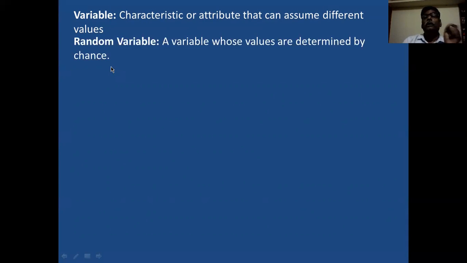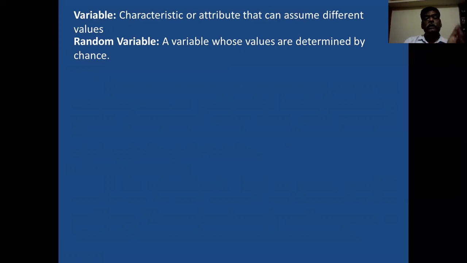Okay, what is a random variable? A random variable is a variable whose values are determined by chance. If the value of the variable is determined by chance without any selection, that is called a random variable. Okay. For example, you call a student, then ask the height of that student, then that height of the student is randomly selected, not by measuring the height of that student.